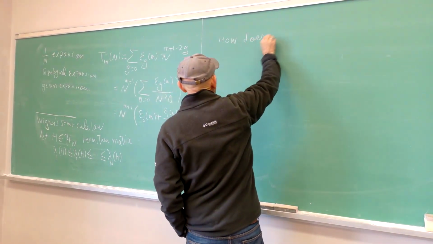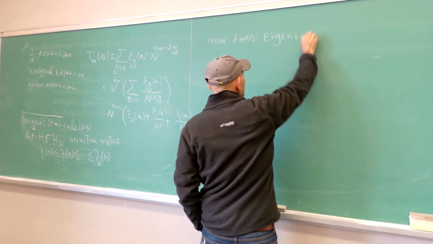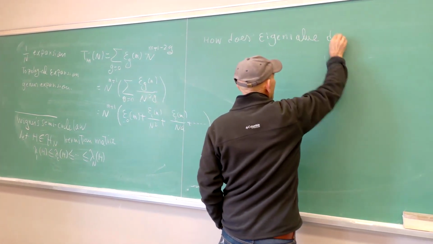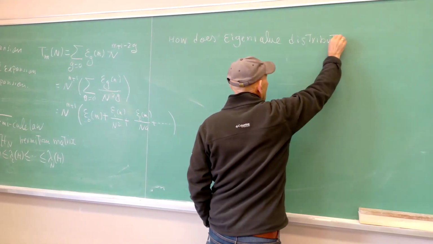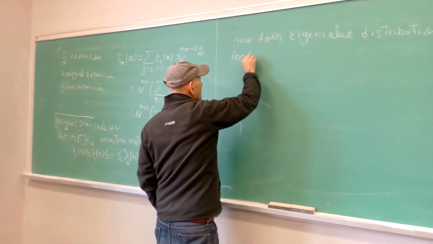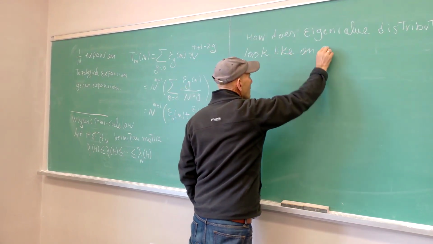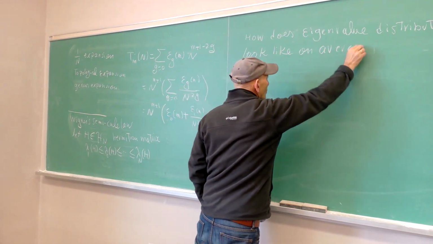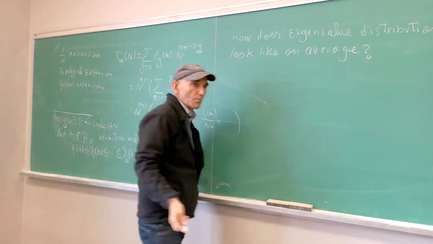What do eigenvalue distributions look like on average? This is the question.